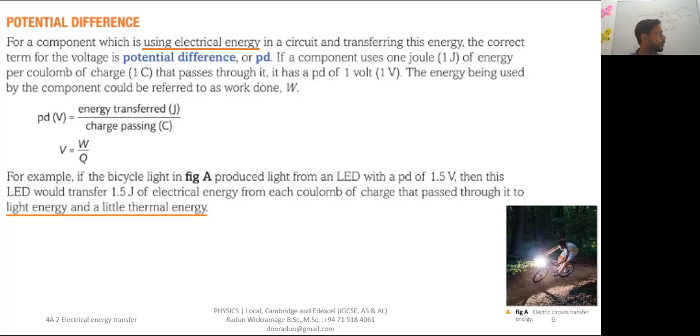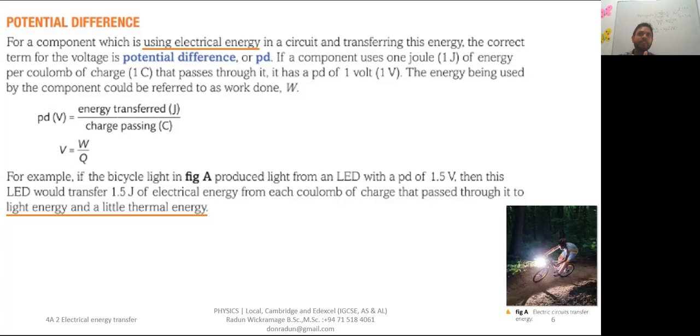So are we referring to one other store or all of the other stores as potential difference? It's a difficult question. Even though we are interested in one store, we have to consider all of them because electrical energy has been transferred into not only one but all of them. So we have to consider all.